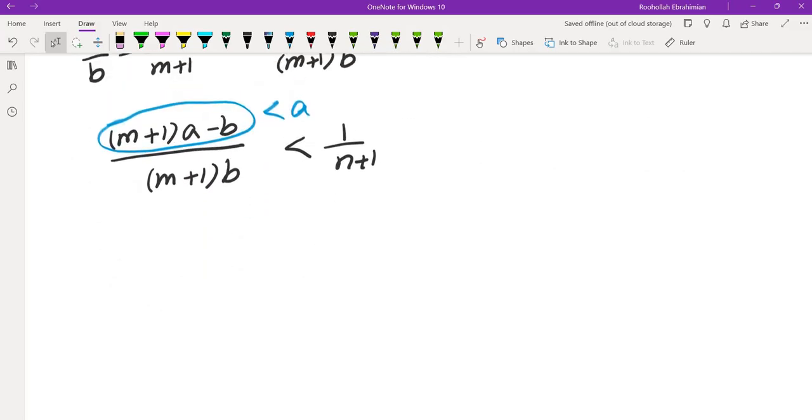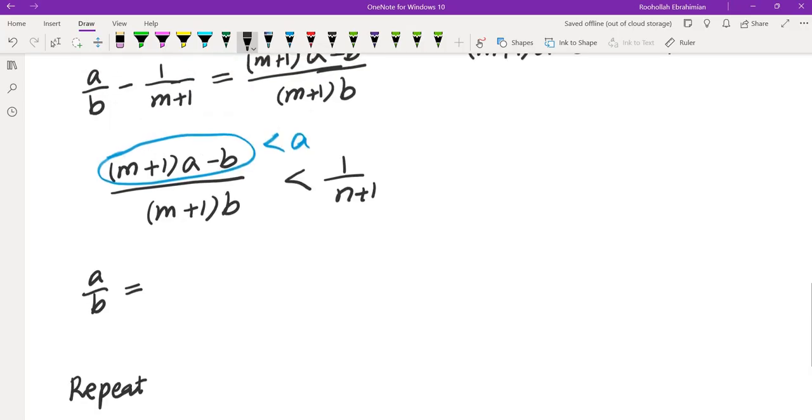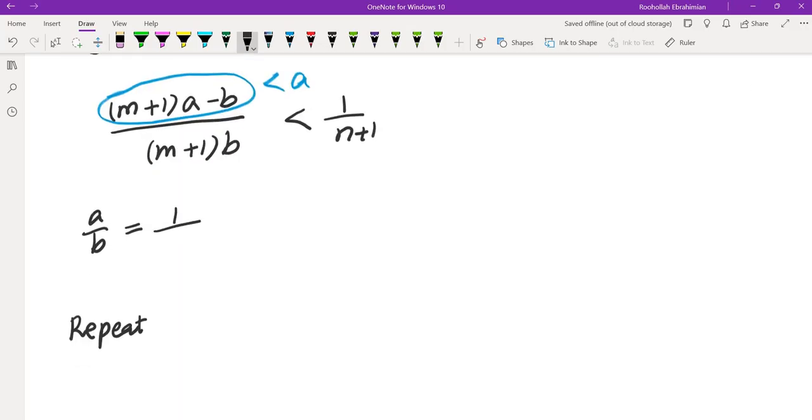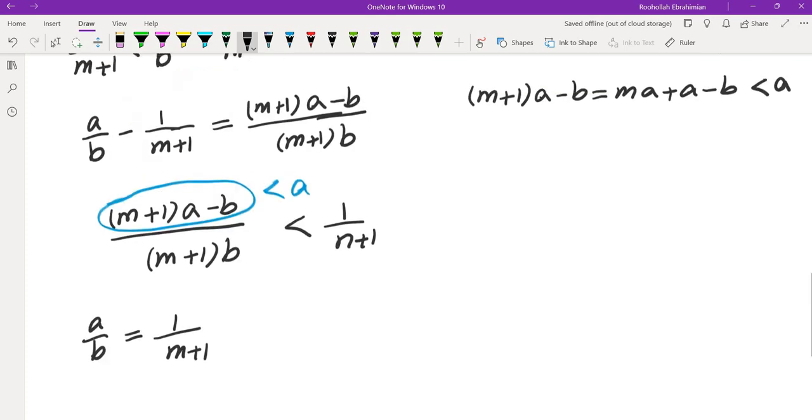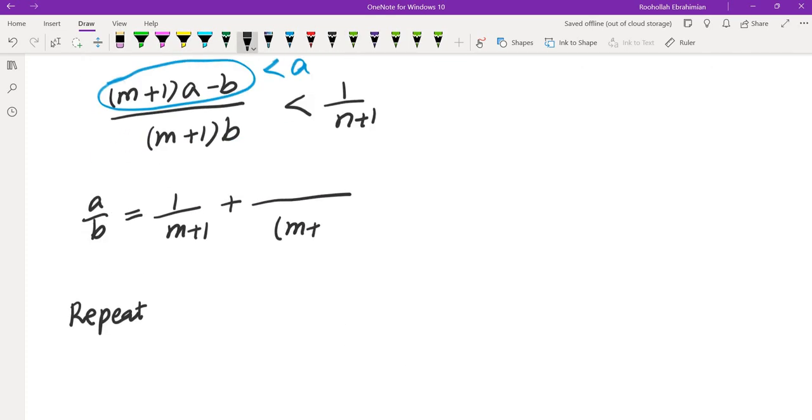So we ended up with another fraction whose numerator is smaller. Now we got a over b is equal to 1 over n plus 1 plus this fraction with a numerator, (n plus 1) times a minus b, that is smaller than a.